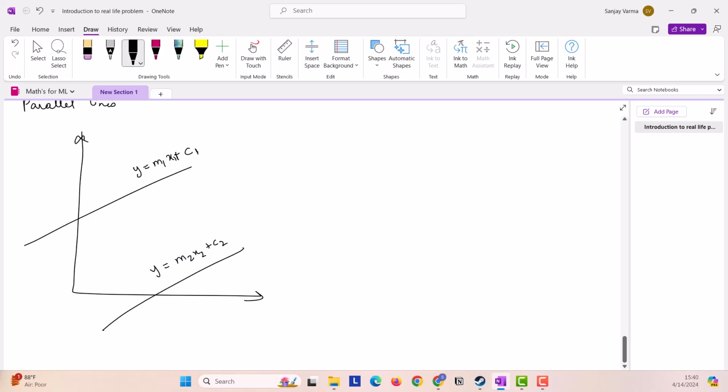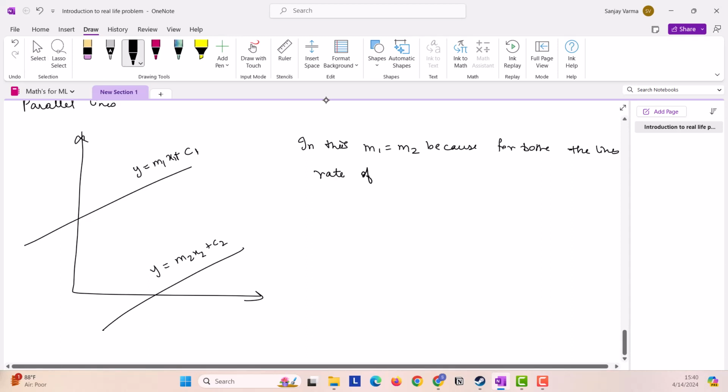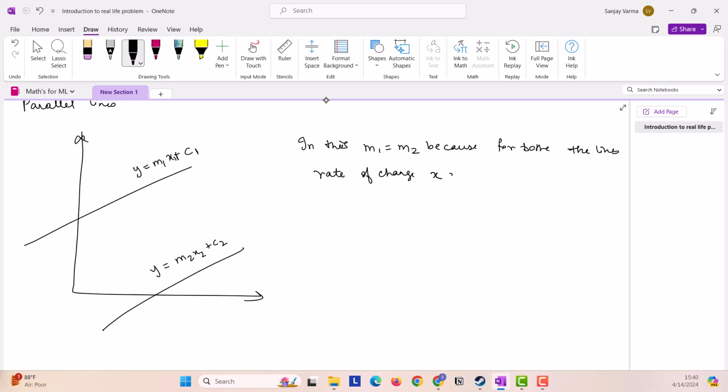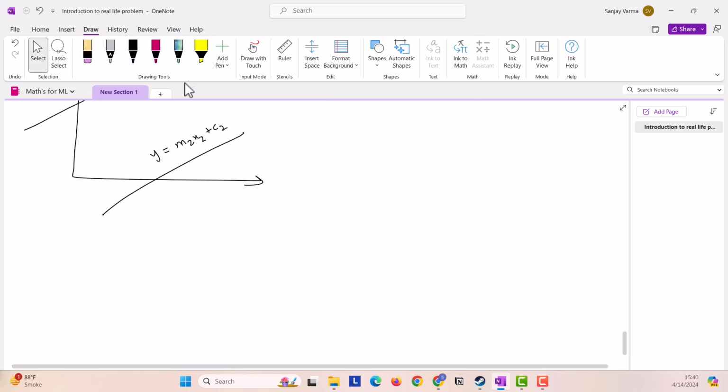Will they be different or the same? In this case, m1 will be equal to m2 because for both lines the rate of change of x and y will be the same, right? So that was about the basics of lines.